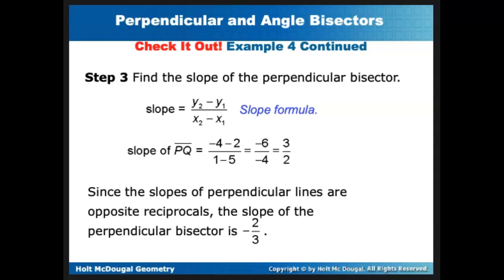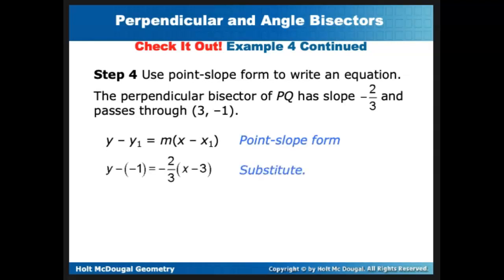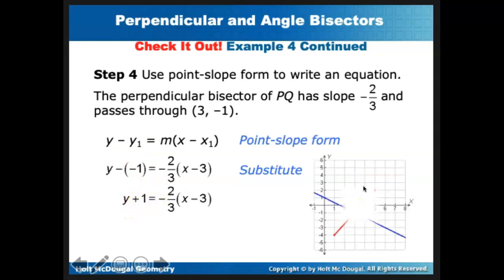Funny, we got the same thing we did in the example. And then we can write the equation. And you may have chosen the other point. It comes out the same regardless. Of course, if you get something like this, always simplify it so that it's y plus 1. And then they graphed it.